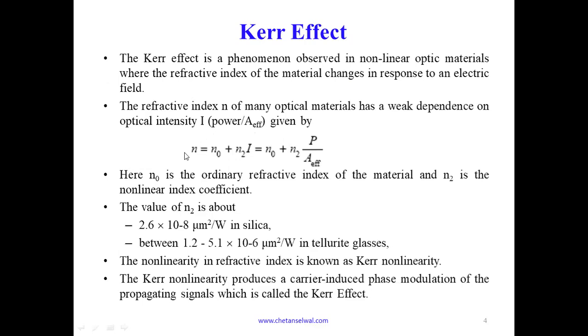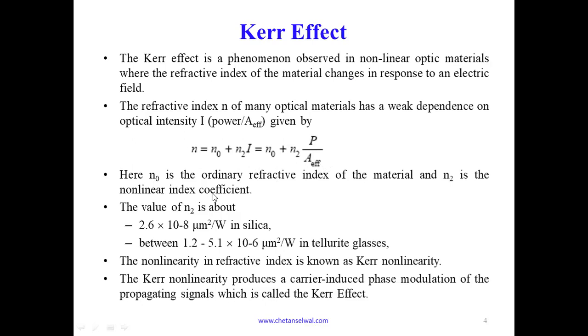So the refractive index would be n equals n0 plus n2 multiplied by intensity I. If we put intensity I equal to power divided by effective area, this equation becomes n0 plus n2 multiplied by P upon A effective. Here n0 is the ordinary refractive index that we usually use, and n2 is the non-linear index coefficient.